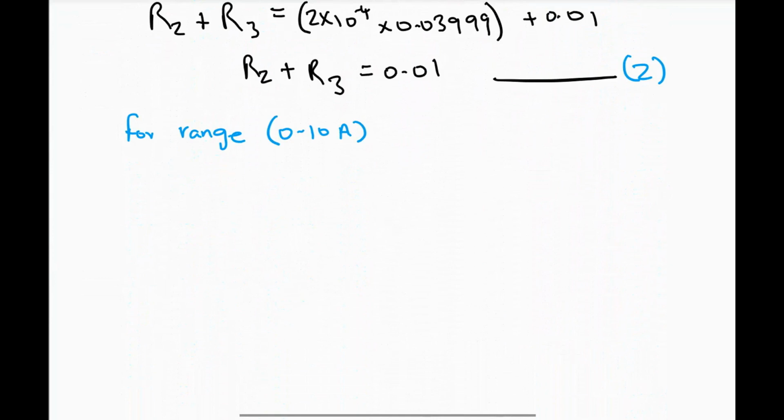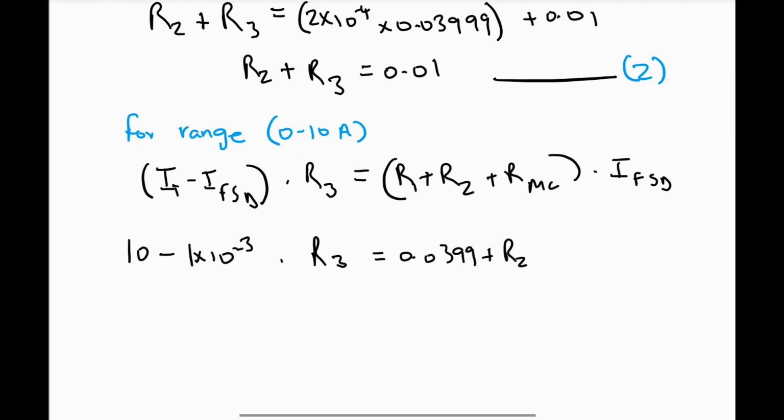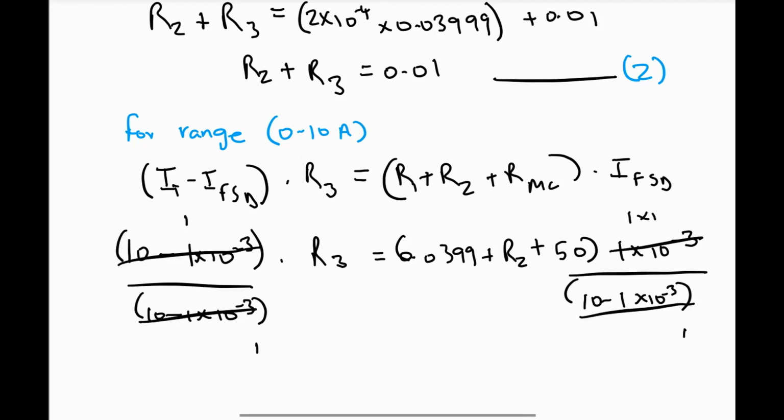So putting my equation in order, this will be IT minus IFSD multiplied by R3 equals the first resistor plus the second plus the resistance of the meter coil, multiplied by the full scale deflection current. Now the total current here is 10, the full scale is 1 milliampere. My R2 is still unknown, so I will divide both sides by 10 minus 1 times 10 to the power negative 3, such that I have 1 times 10 to the power negative 4.